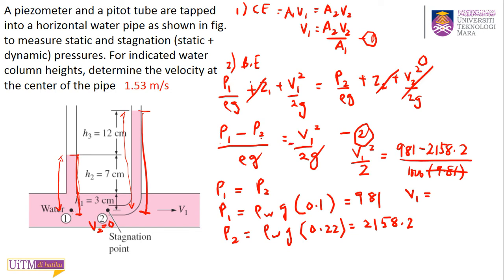But I brought P2 to the left side and V1 to the right hand side, so I should put a negative. That's why I get a negative, and the negative should cancel out here. Okay, so what is V1?